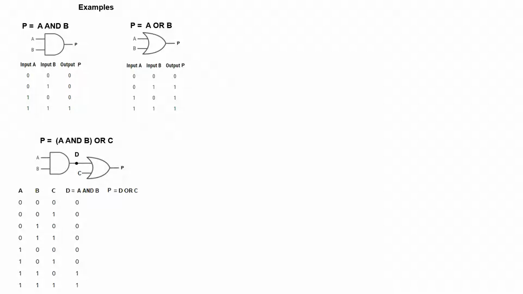Notice that D doesn't depend on C in any way. P is equal to D or C, so we can now fill out the P column in the table, the actual output of the combination gate. We just put 1 everywhere that either D or C are 1, and 0 everywhere else.